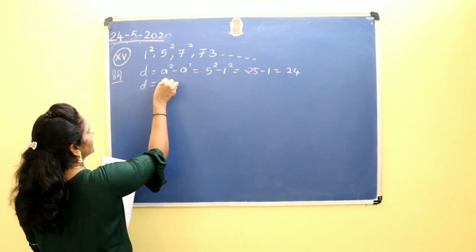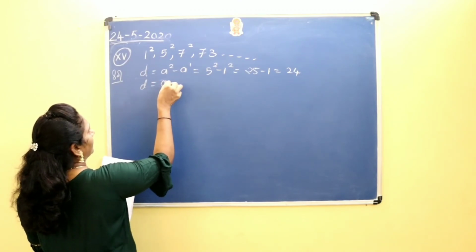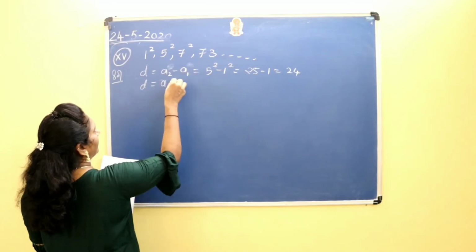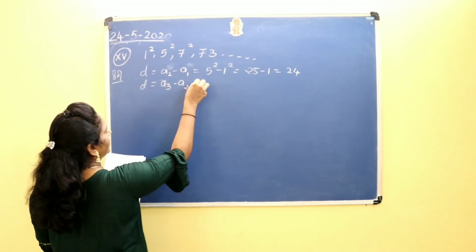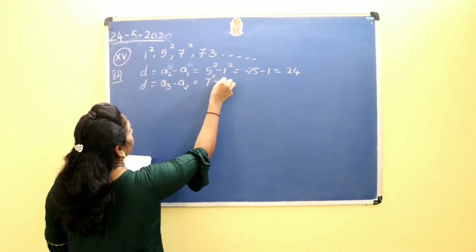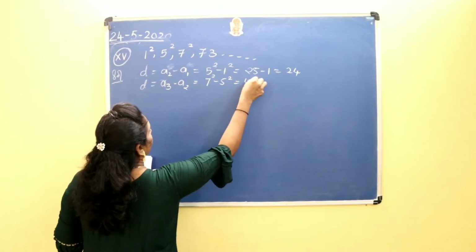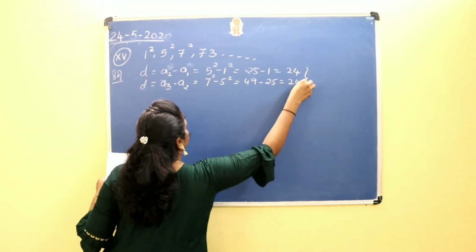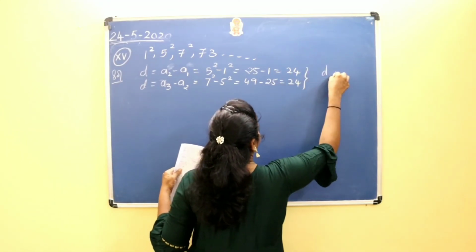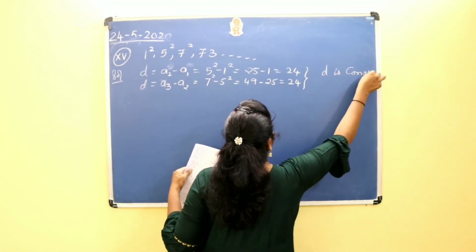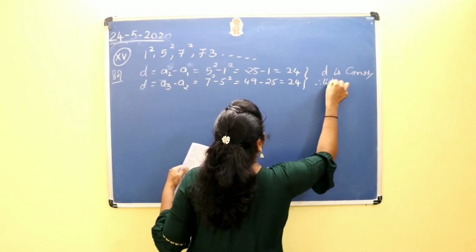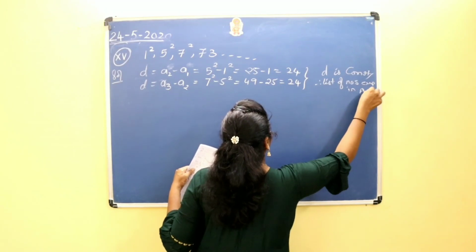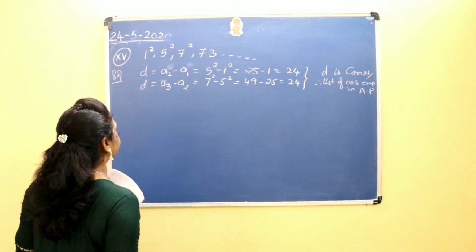Again D is equal to A3 minus A2, 7 square minus 5 square, 49 minus 25 is 24. Here D is constant. Therefore, the list of numbers are in arithmetic progression.